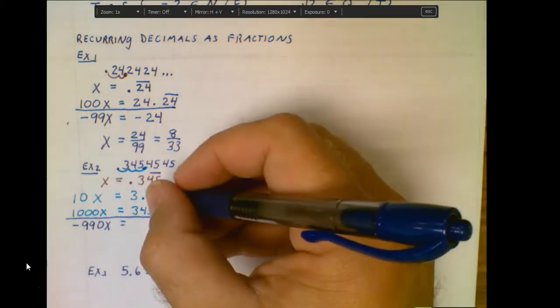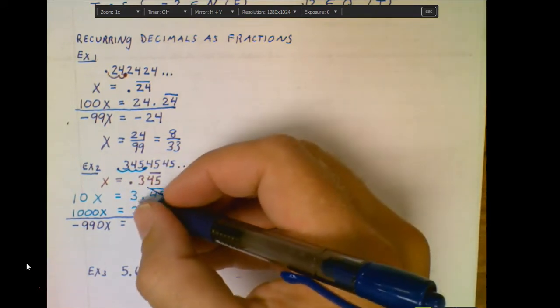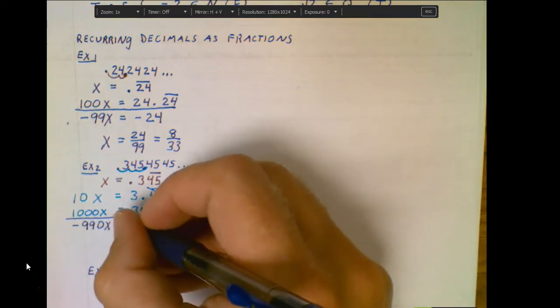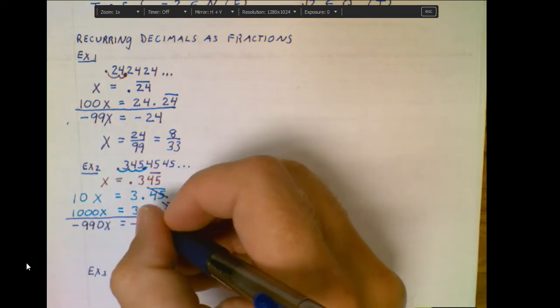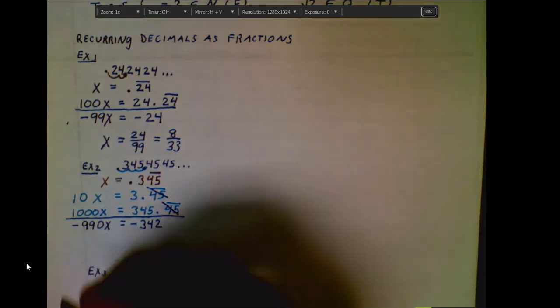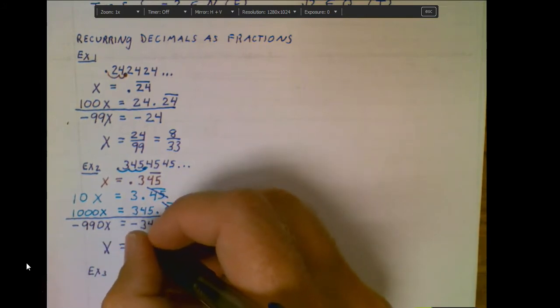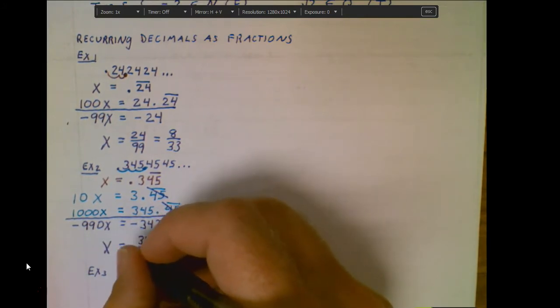My repetition on the right will cancel, so I just have to do 3 minus 345. The repetition is gone. I can divide my 990 over. Of course, my negatives would cancel, so 342 over 990.